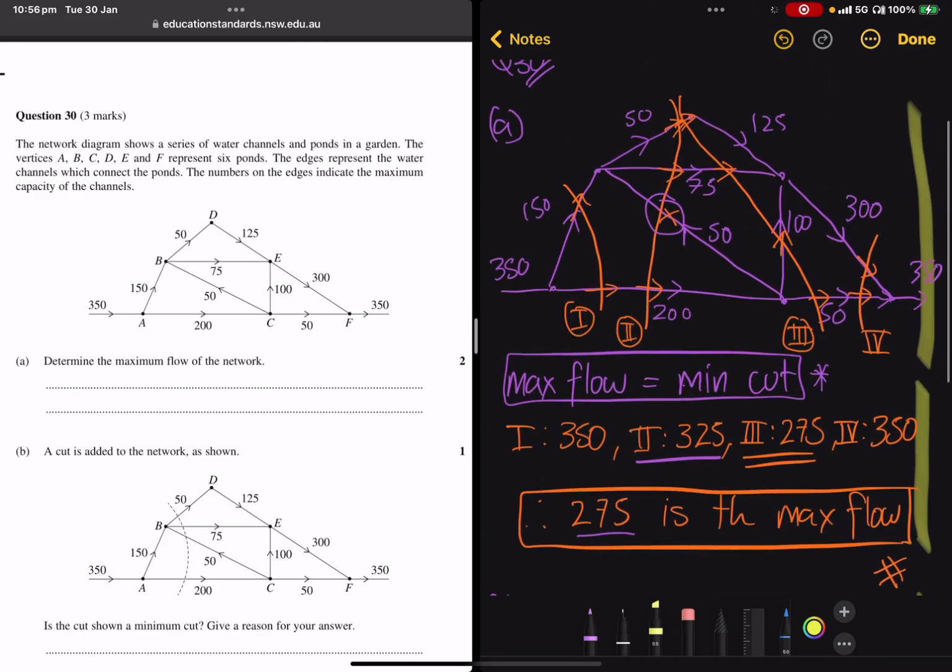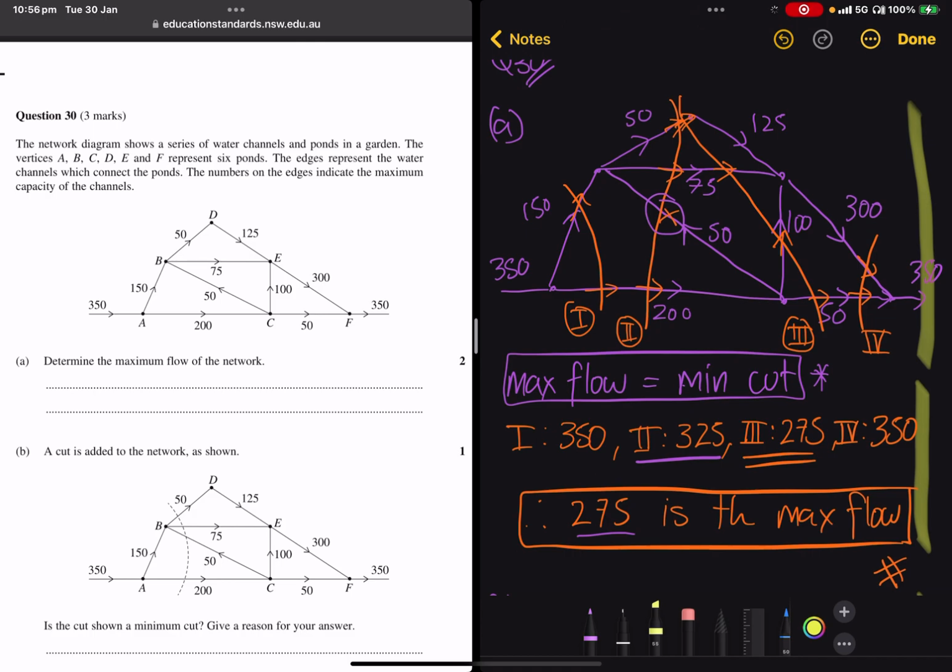So this is how this question works. These questions look very intimidating when students see them. But if you've learned how to do flow rates and cuts in class, this is a pretty straightforward question, especially if you're using guess and check, right? If you were formally instructed in an algorithm for this, it can be much harder, right?